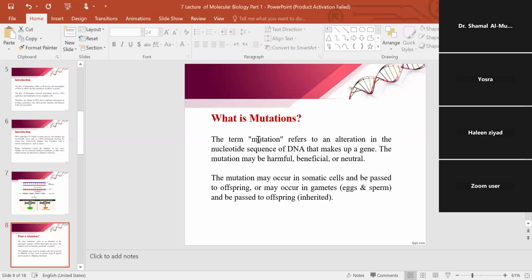What is a mutation? The term mutation refers to alteration in the nucleotides, meaning some change in the nucleotide sequence of the DNA that makes up a gene. The mutation may be harmful.